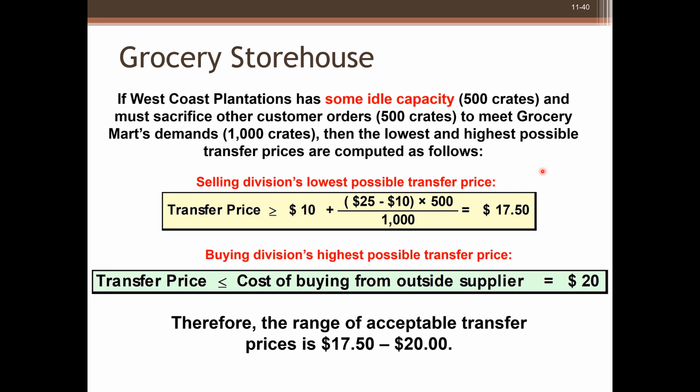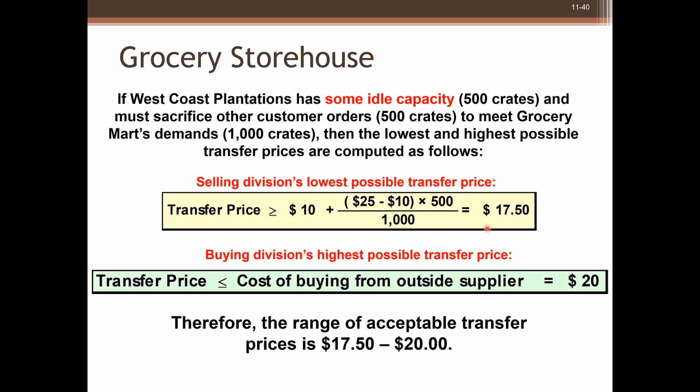If West Coast Plantations has some idle capacity, 500 crates, and must sacrifice other customer orders, 500 crates, to meet Grocery Mart's demands, 1,000 crates, then the selling division's lowest possible transfer price can be calculated with the following equation. $10 plus contribution margin per crate, $15, multiplied by 500 crates sacrificed, divided by 1,000 crates transferred.